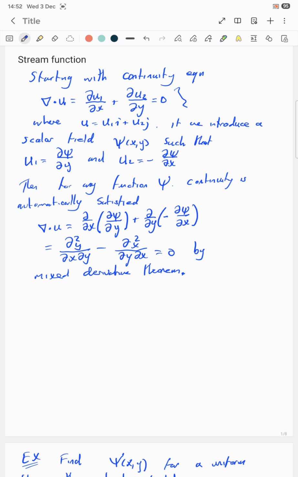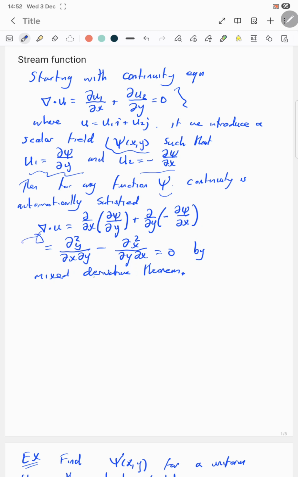If we introduce a scalar field, our psi of x and y, such that u1 equals the derivative of this function with respect to y and u2 equals the negative of the derivative with respect to x, then for any function the continuity is automatically satisfied as such here.